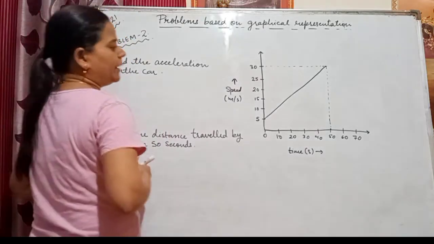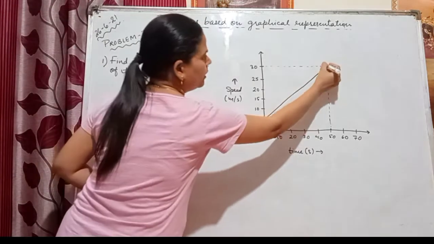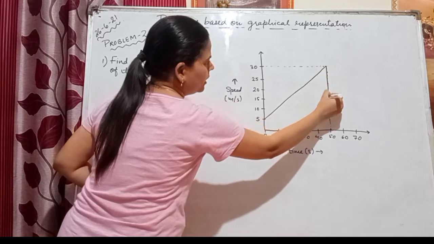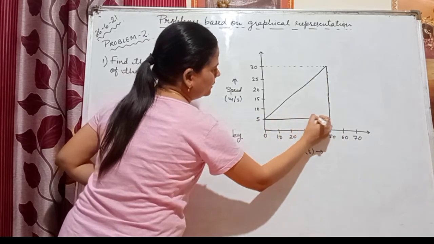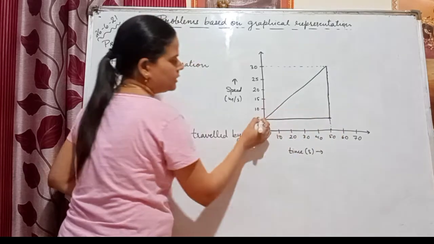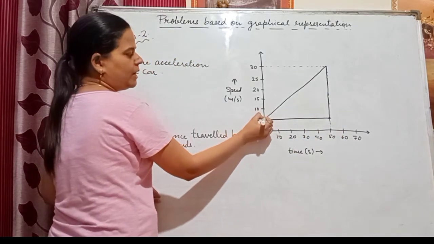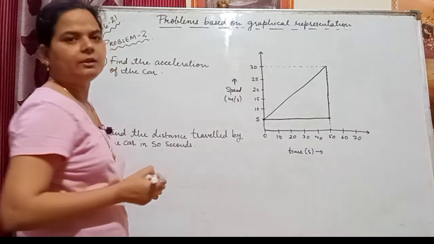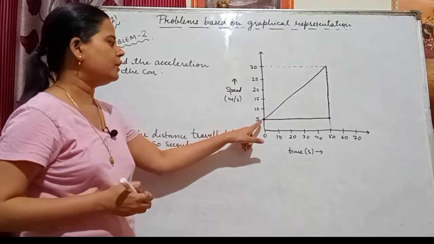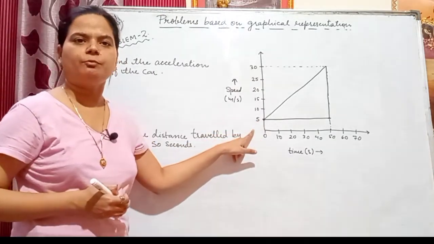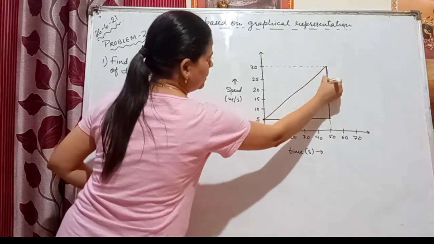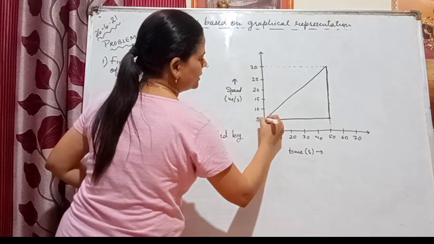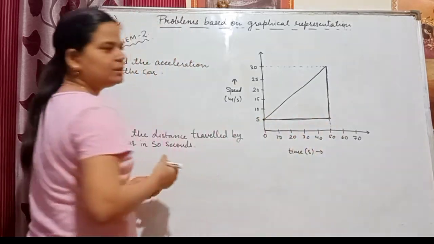In order to find out the slope, we need to draw a perpendicular like this. Reason being, here you can see that we have measured the speed. That means at the beginning of the observation, the speed was not 0, it was from 5 only. So we need to find out this perpendicular and this base, because acceleration is the slope.